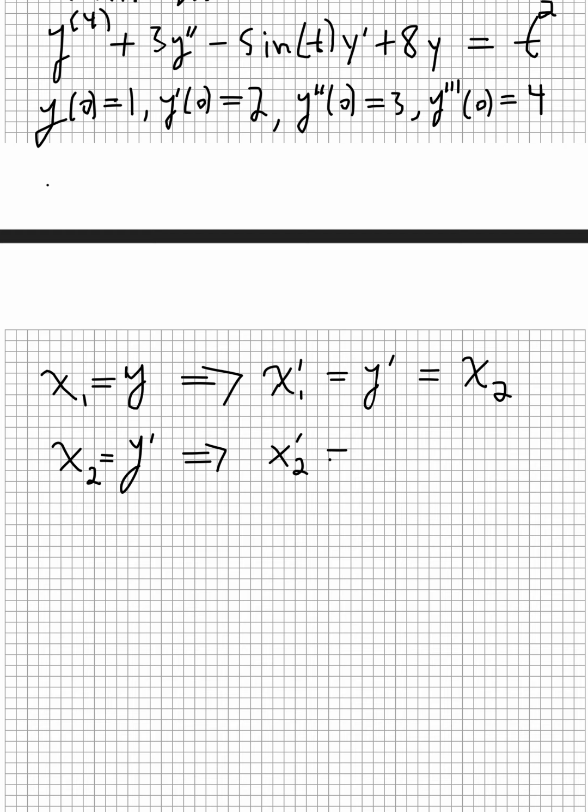The derivative of the first derivative is the second derivative. So now we have this defined, and we're going to let this second derivative be x3. So x3 equals y double prime.